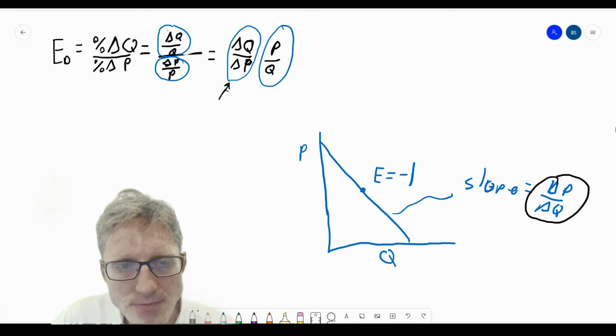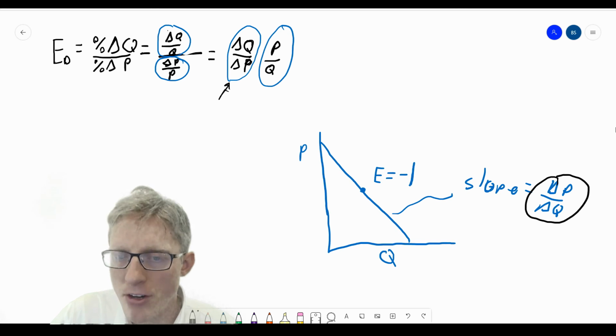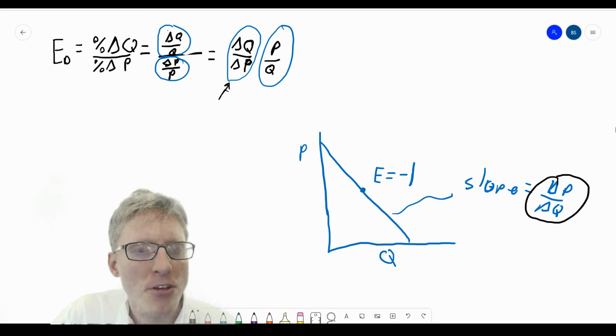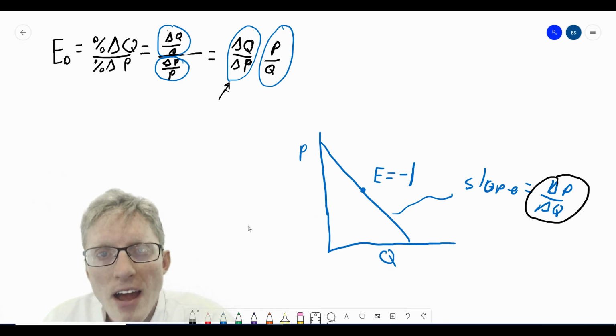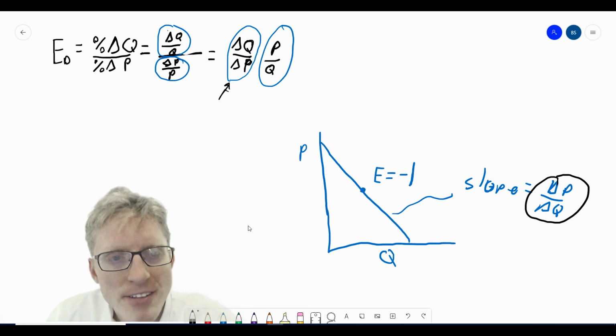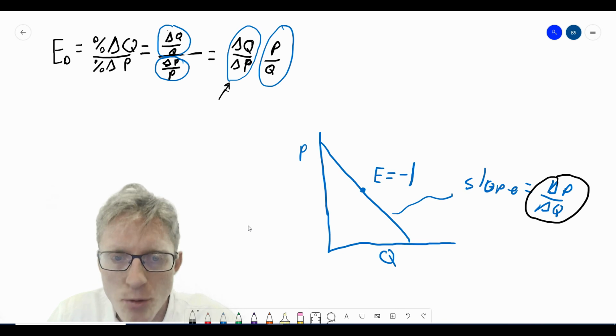Now, if the inverse demand curve is represented by a straight line, implying that the slope does not change, then this first component of the elasticity formula does not change no matter where you are along this inverse demand curve. However, this second part of the formula does change depending on what part of the inverse demand curve you are looking at.